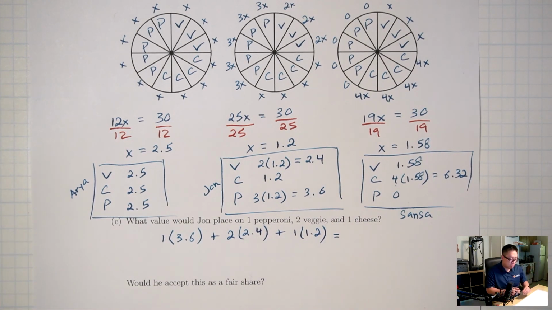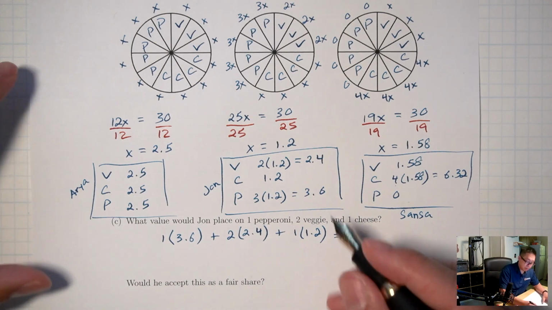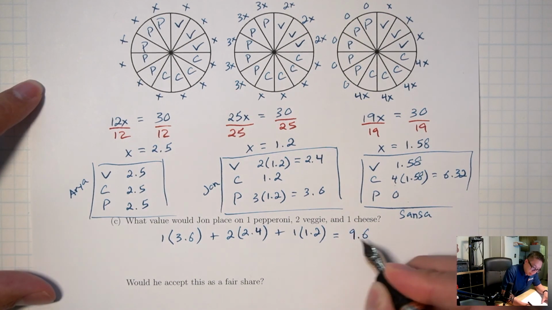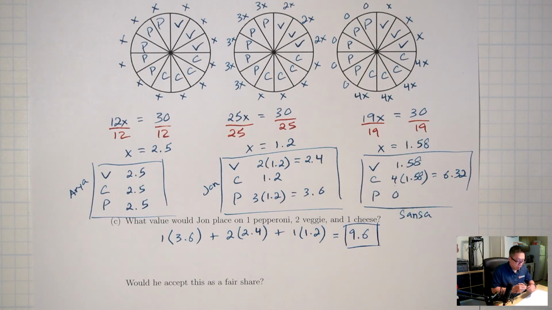Do this on a calculator. So 1 times 3.6 plus 2 times 2.4 plus 1 times 1.2 is 9.6. So if we gave John 1 pepperoni, 2 veggie, and 1 cheese, in his eyes, he got $9.60 worth of pizza.